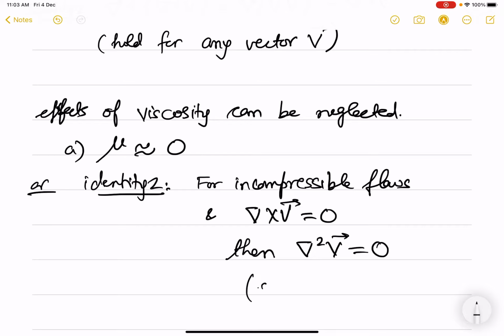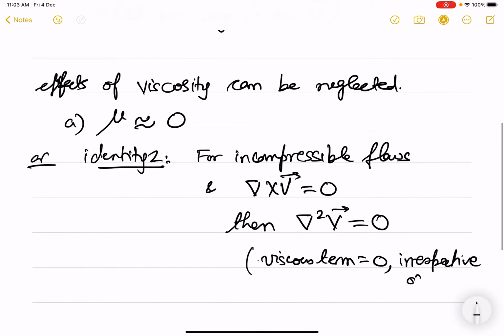So if this is the case, then the viscous term of the Navier-Stokes equations is equal to 0 irrespective of mu.